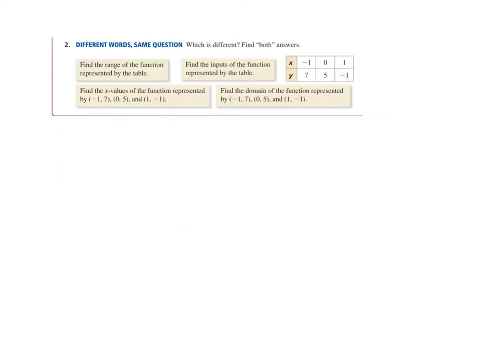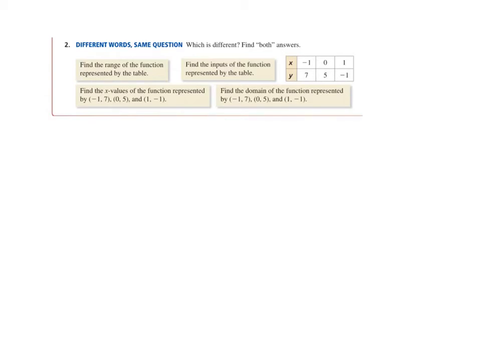Let's look at number 2. Question number 2, different words, same question. Which is different? Find both answers. I don't remember exactly how this looked in your guys' thing. It says, which is different? So let's find the ones that are the same.